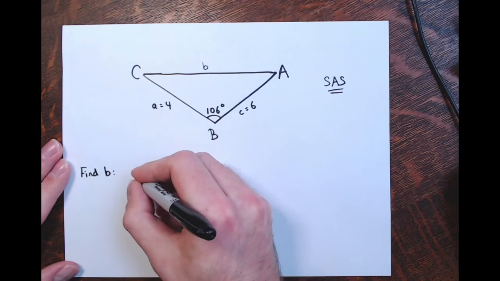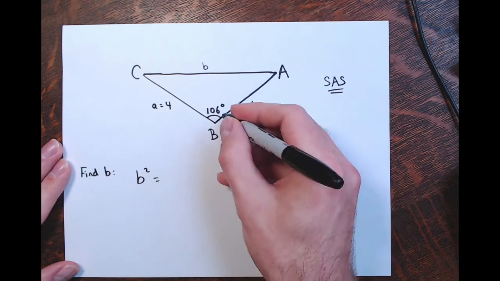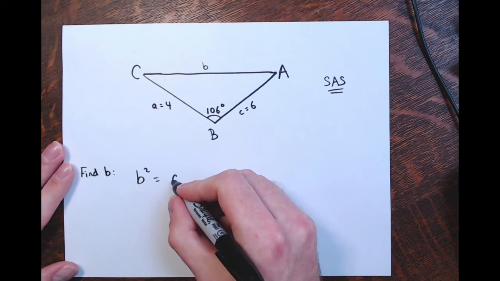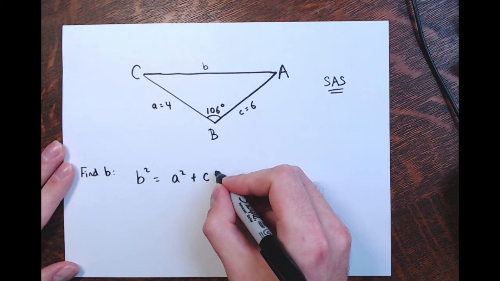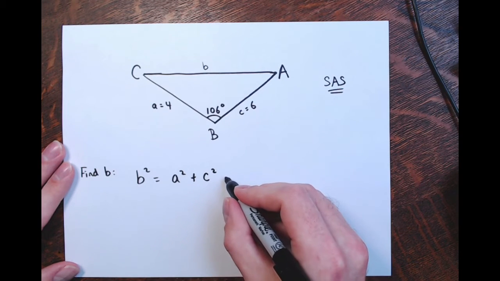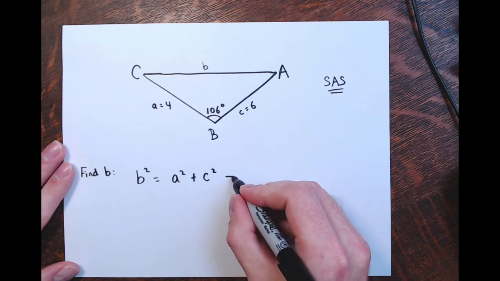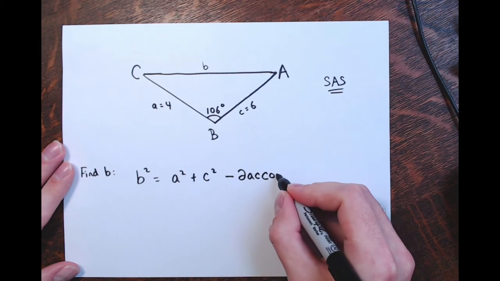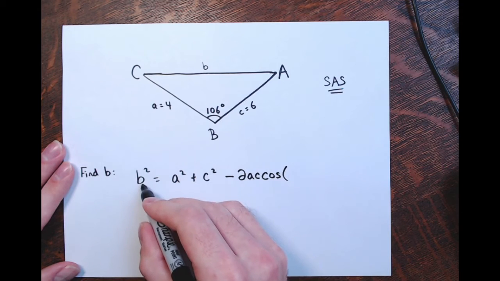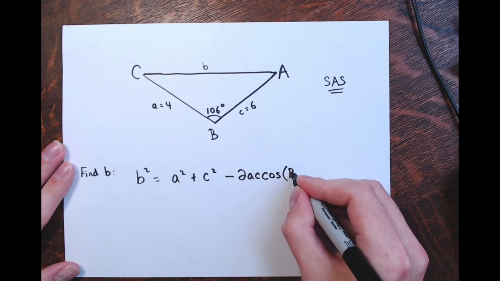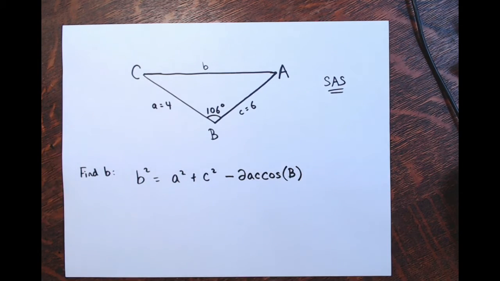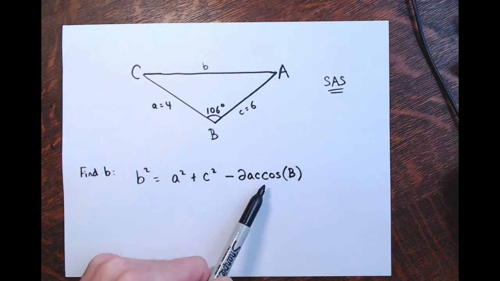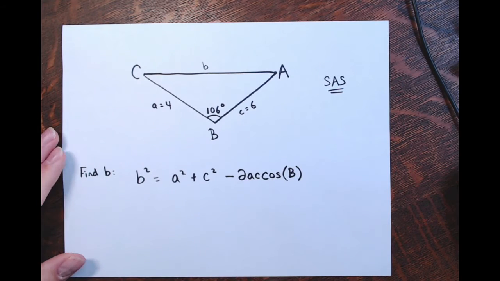I'll start with little b squared, since I know angle B, is equal to a squared plus c squared, the sum of the other two squares, minus twice the product of the other two sides, 2ac, times the cosine of angle B. If I start with little b squared over here, there's angle B in the cosine over here. And this is all one term: 2 times a times c times this cosine of angle B. And just fill in some missing pieces.